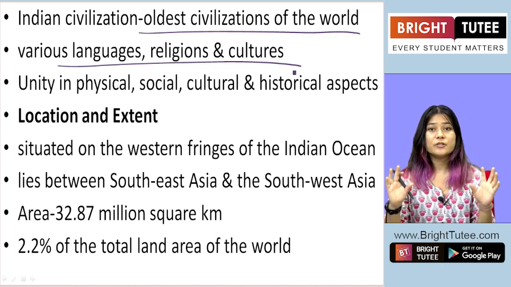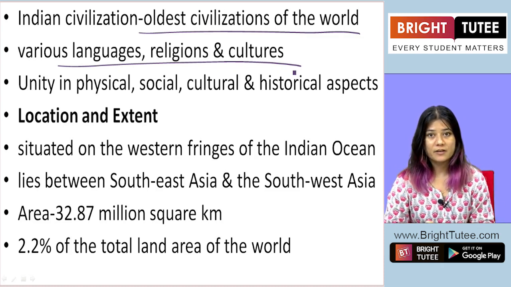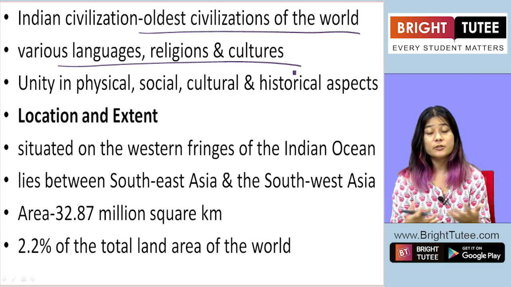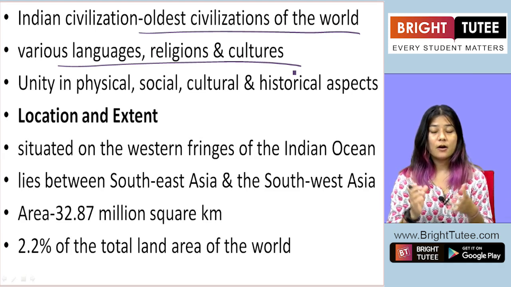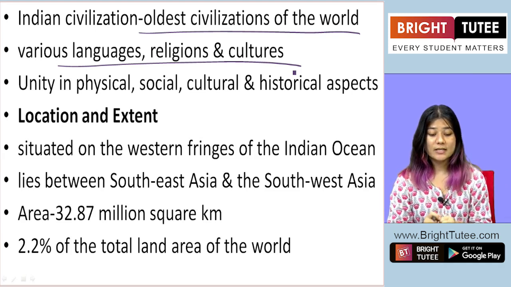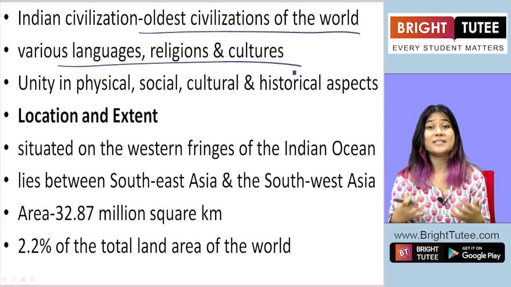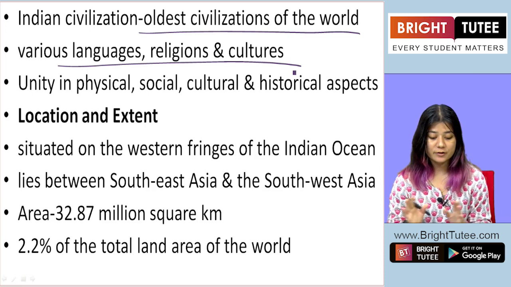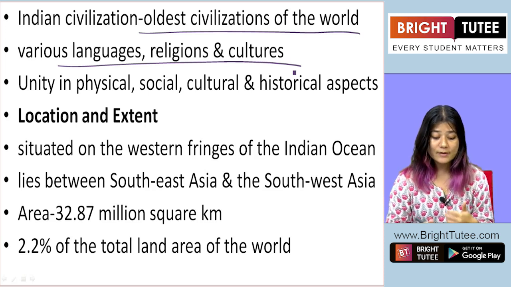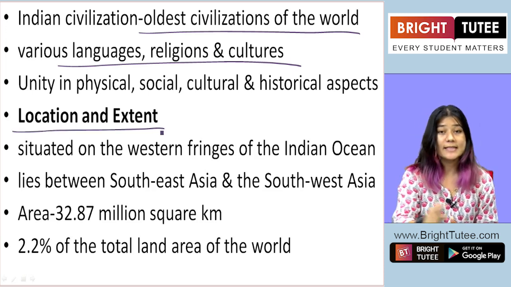People belonging to different religious faiths also live here. People speak different languages. Okay, people have different cultures and traditions, yet people are all united. Okay, people live in unity. So that is what is best represented by our country. Unity in diversity.